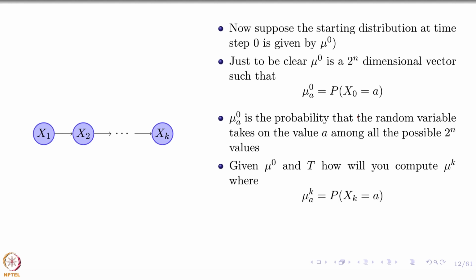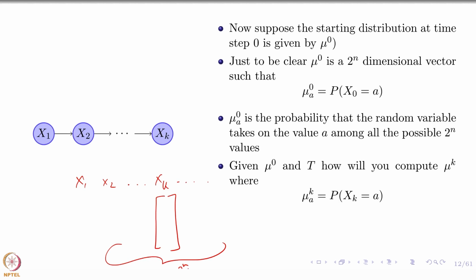Let's see. You have x1, x2 up to xk and then maybe even more. Now at xk, this can take any of the possible 2 raised to n values. So mu k is a distribution over these 2 raised to n values. I'm asking you, at time step k, what is the distribution over these 2 raised to n values?